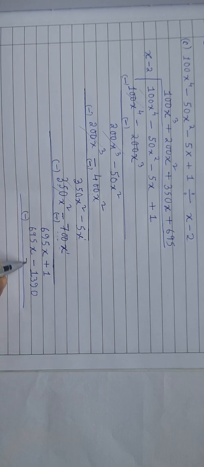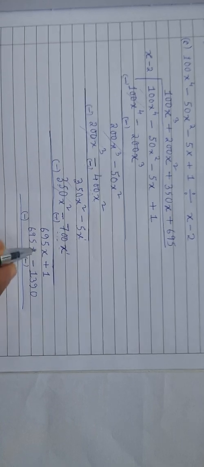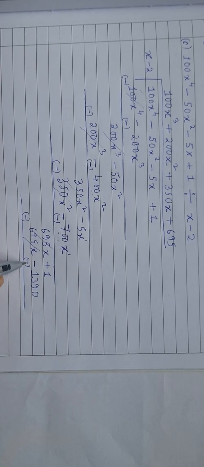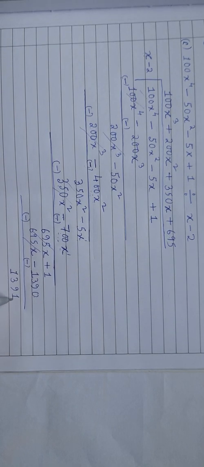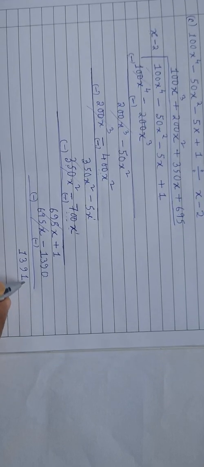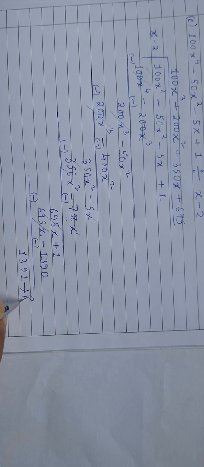So here minus, here minus. So once again these two terms will be cancelled. Minus and minus makes it plus. So 1390 plus 1 is 1391. So this is the remainder.